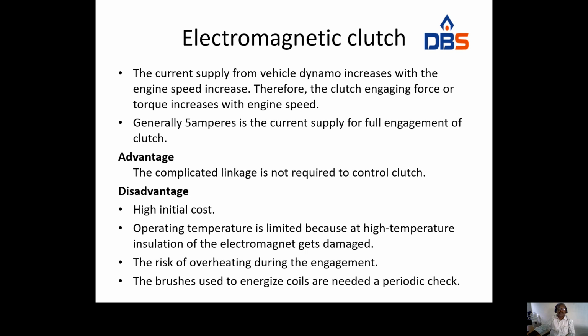The brushes used to energize the coils need periodic checks. In any electrical component, the brushes play a vital role. Even a very slight loss of contact and the circuit will not be activated, and it cannot work. That's why periodic checking of brushes is required.